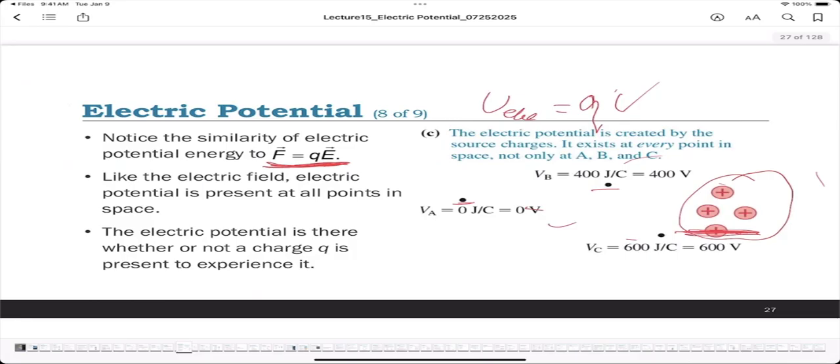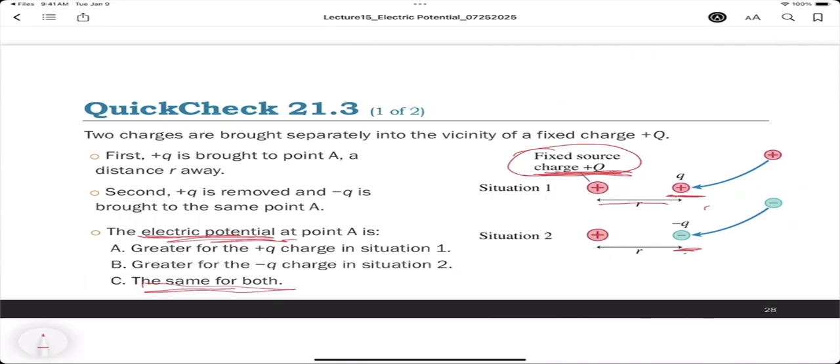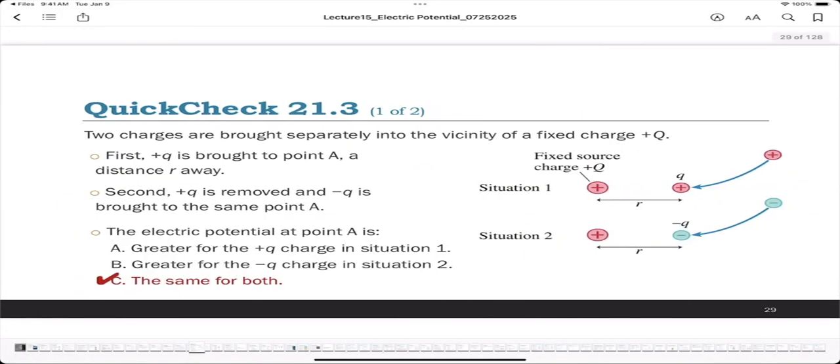Just don't mix them up. The electrical potential only depends on a fixed source charge. So at point A, the electrical potential is the same thing. Actually, you can see, oh yeah, the answer is C.